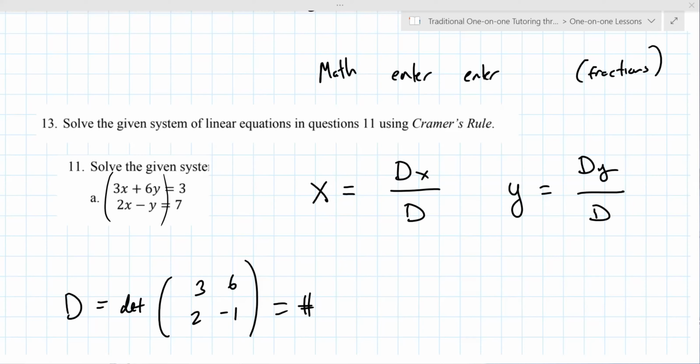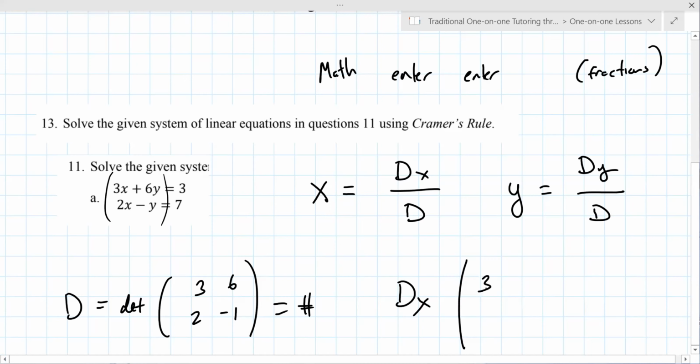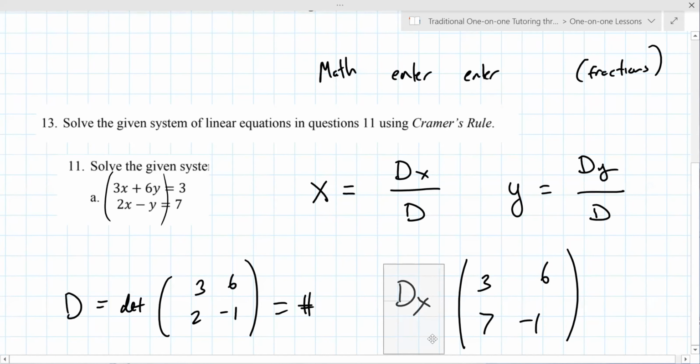So when you're doing dx, you replace the 3 and the 2 with the 3 and the 7. Because you just don't use those. I mean, there's some background to this that doesn't matter, but you just need to know what to do, which is get the determinant of this.